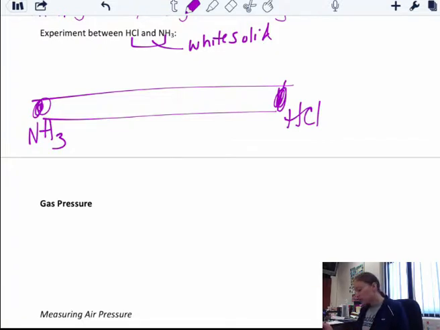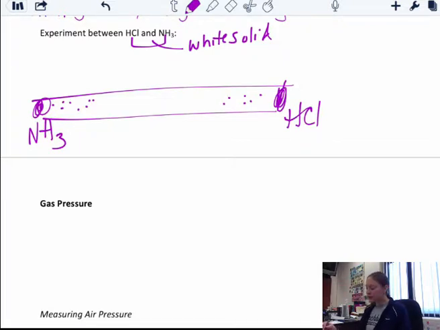Now, what you do is you soak two cotton balls, one in each of these. You stick them in the sides of this open tube, and then you let it just mix, because the gases will start to move. The liquid that's in this will turn to a gas and start to move this way.